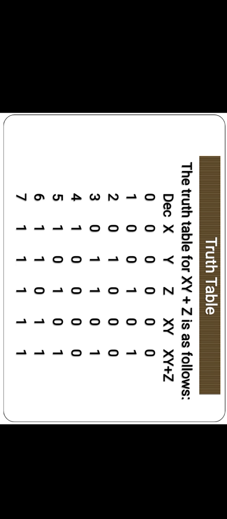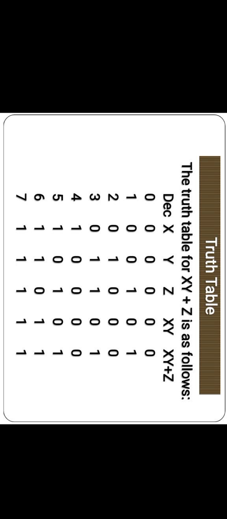So, first the decimal number 0, the input value 0, 0, 0. For x into y, x value is 0, y value is 0, 0 into 0, 0. xy plus z means 0 plus 0, 0.